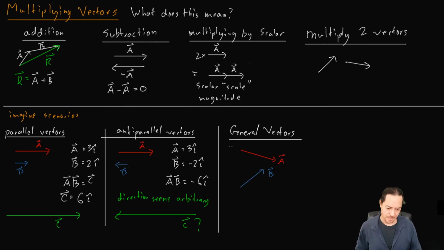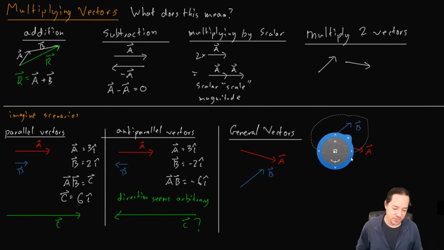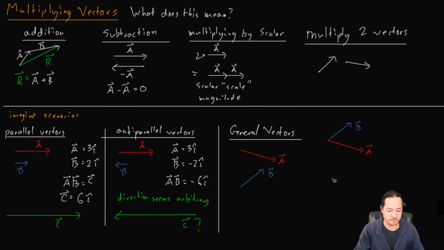Well, what if we were to connect these two vectors together so they start at the same location, right? So let's move vector B over to here. Now they're starting at the same location. You can imagine they're like forces acting on something, acting in slightly different directions, but they are overlapping a little bit.